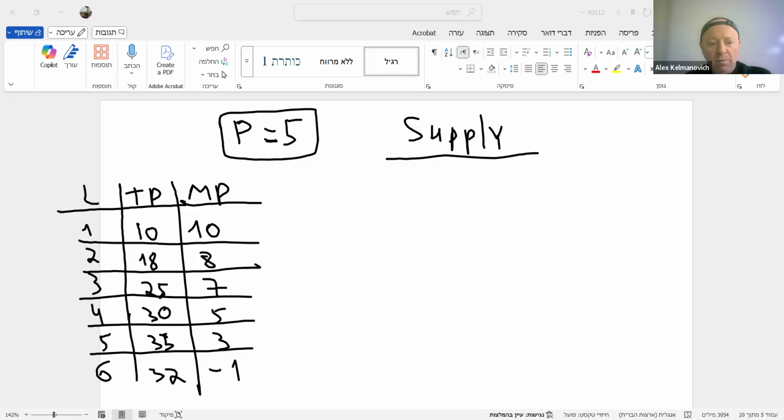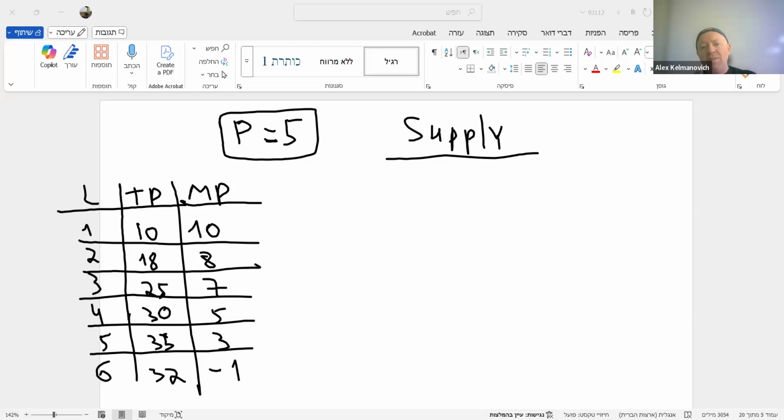It's not like in reality, where every producer can decide by himself at what price he sells his product. This is reality, but in our model, it's not like this. In our model, there is a market price, and we can sell only at this price. Because if we want to sell at 6 shekels, nobody will buy from us.